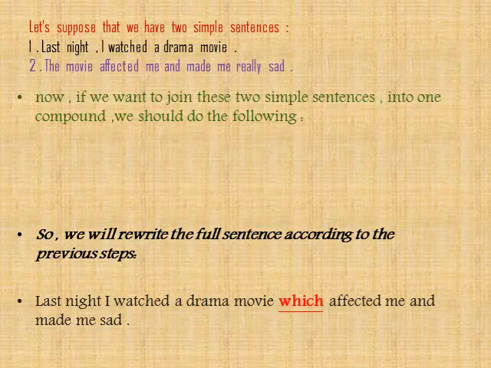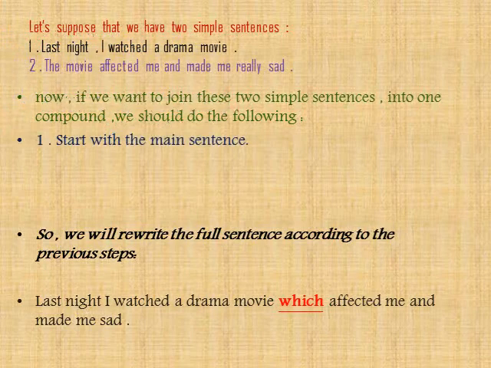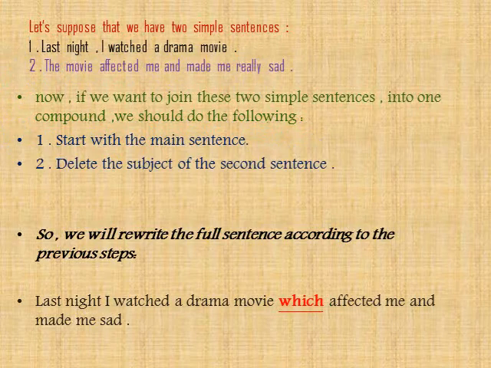If you want to join these two simple sentences into one compound, we should do the following. Firstly, start with the main sentence. Secondly, delete the subject of the second sentence.